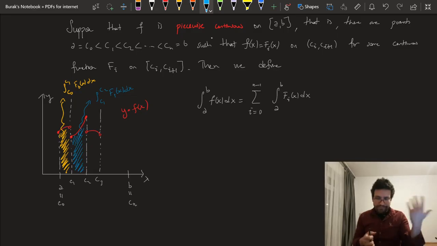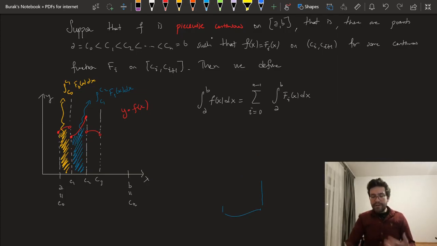Well, actually, can't in general, but the point is that definition won't make sense for piecewise continuous functions, because when you try to take the maximum value of your function over a closed interval, because it's just piecewise continuous, that maximum may not exist. So it may look like this. Maybe in the partition you get this interval, then you try to take the maximum of your function over this interval, but the maximum doesn't exist. So the point is, for piecewise continuous functions, the usual Riemann sum definition of integral won't work.